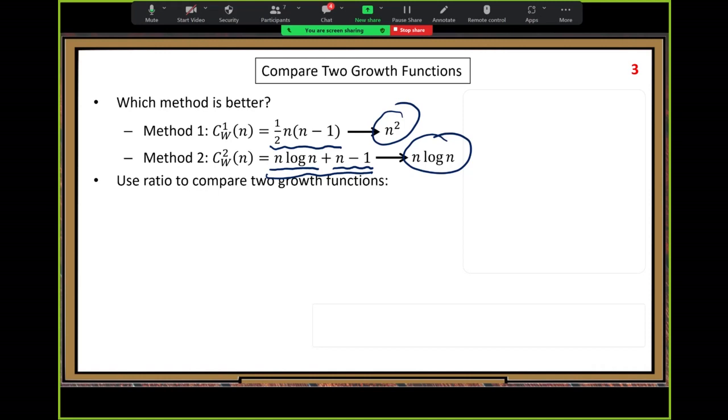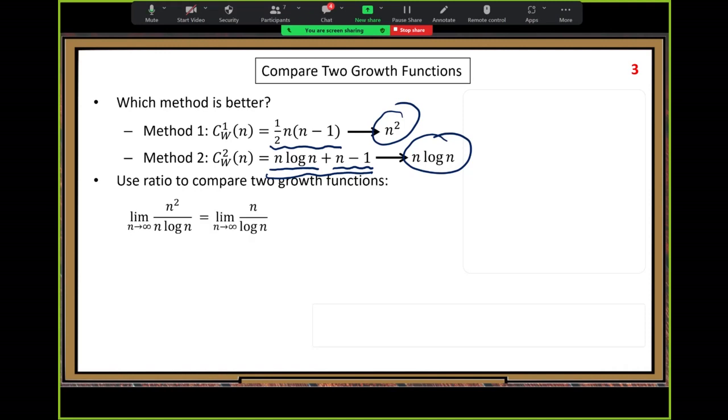Remember, when we compare if the first term dominates the second term, we take the ratio of the two growth functions and take the limit when n goes to infinity. So let's do the cancellation.